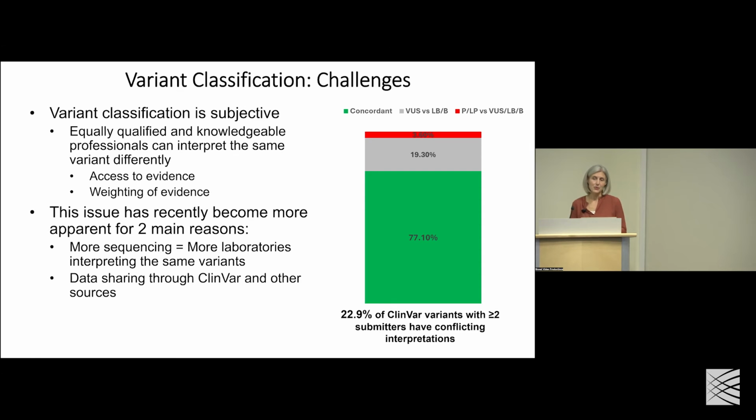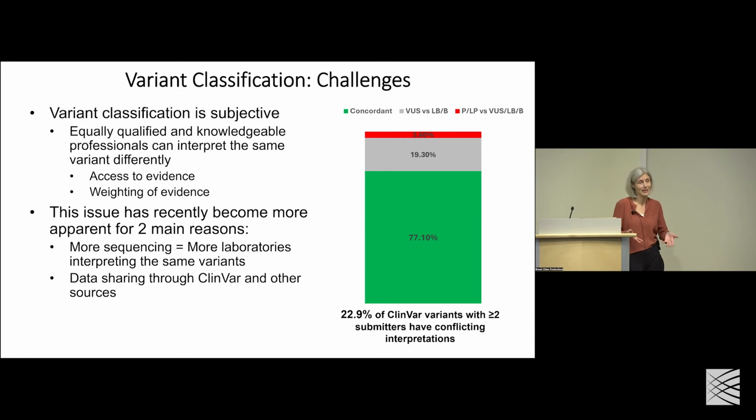This issue has become more apparent in recent decades for two primary reasons. One is that there are a lot more labs doing sequencing, so more opportunity for conflict, and different labs are seeing the same variants. And also there's this database, ClinVar, which we're going to talk more about later. It's the variant version of GenCC, which allows different labs to submit their classifications for variants.